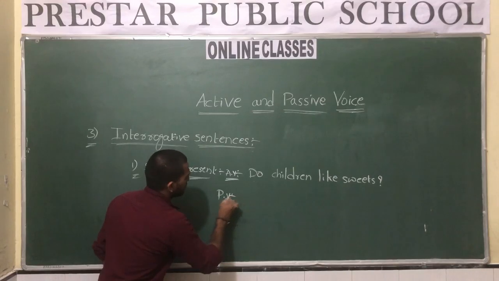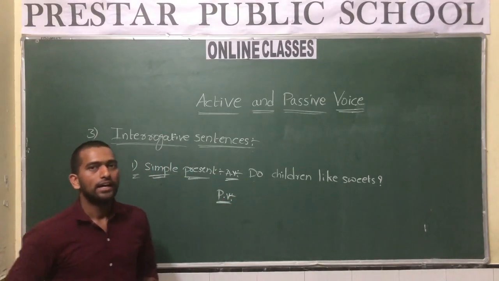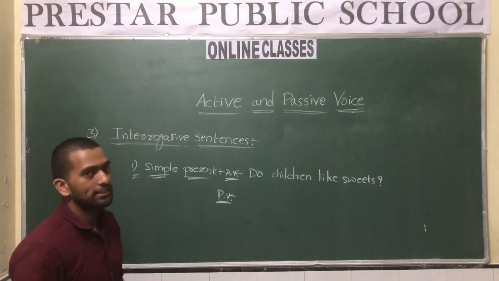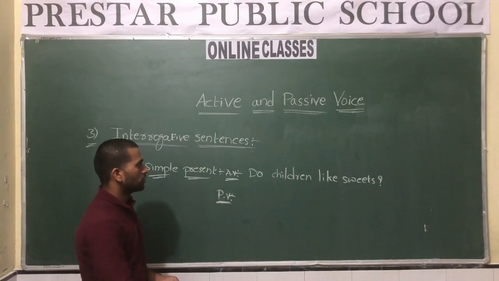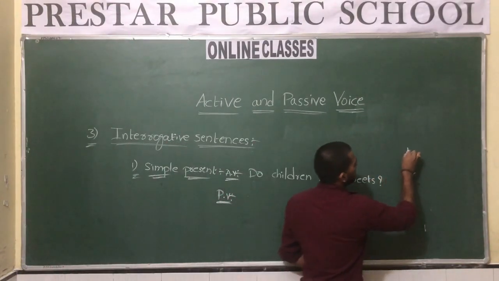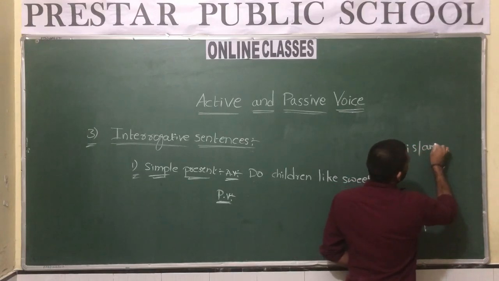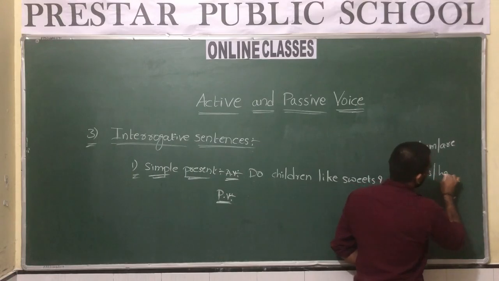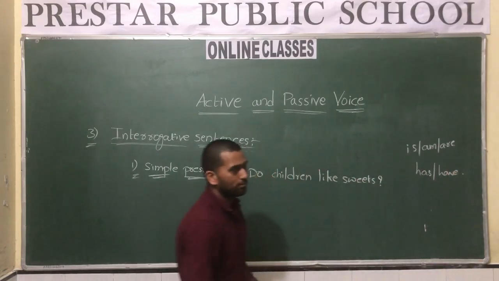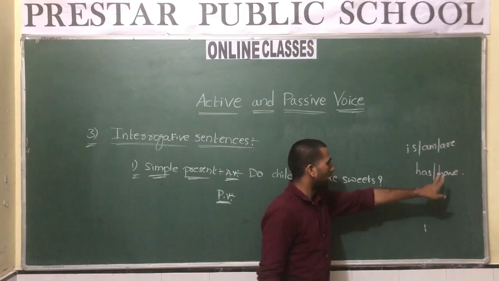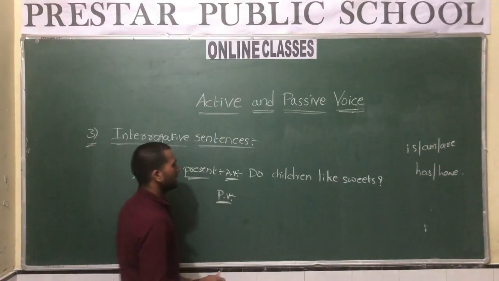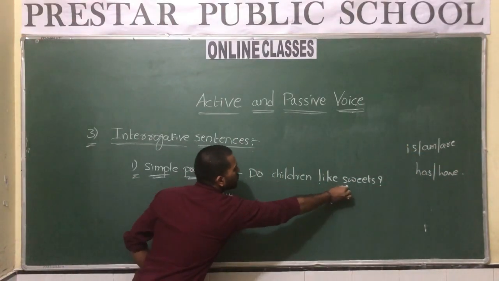So it also follows the same pattern which we use in assertive sentences, but the helping verb takes the first position here. So what are the helping verbs in simple present? Is, am, are and has, have. Here, do children like sweets?